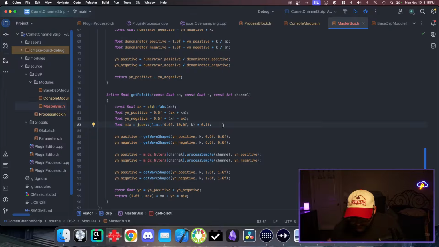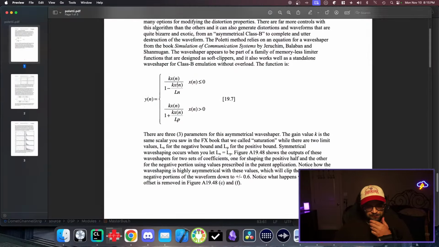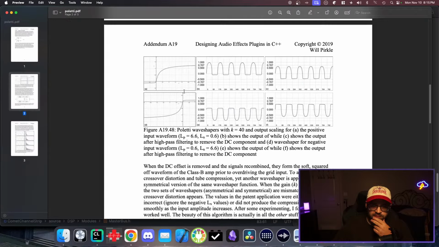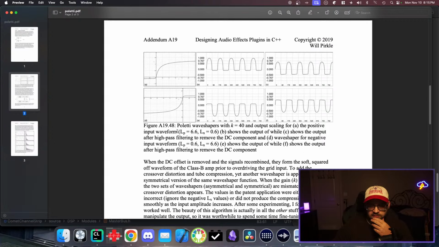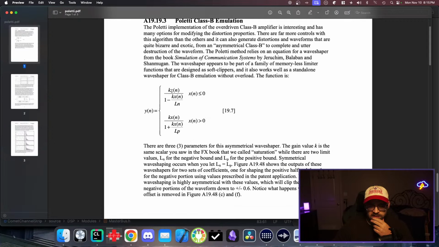How did you incorporate what you read in the code? So, reading the equations was easy. This is the wave shaper that is used for these 4 blocks right here. Transforming the equation into code is easy because you're almost doing the exact same thing that's written.